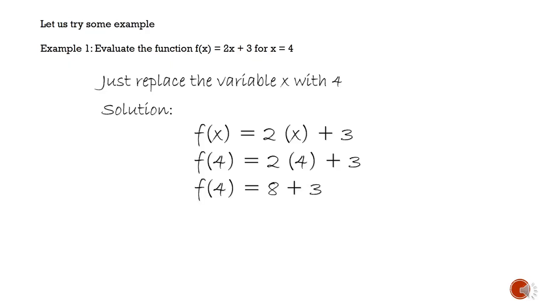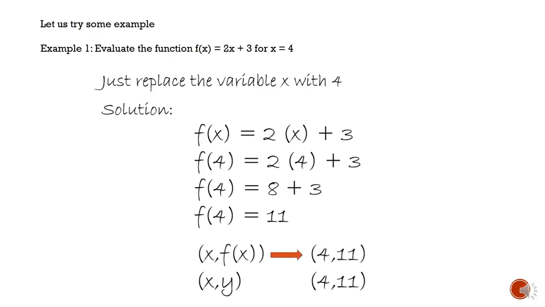That will give you f of 4 equals 8 plus 3. Now, you sum up 8 plus 3, that will give you 11. So therefore, you can express it this way or this way. Okay, did you understand?